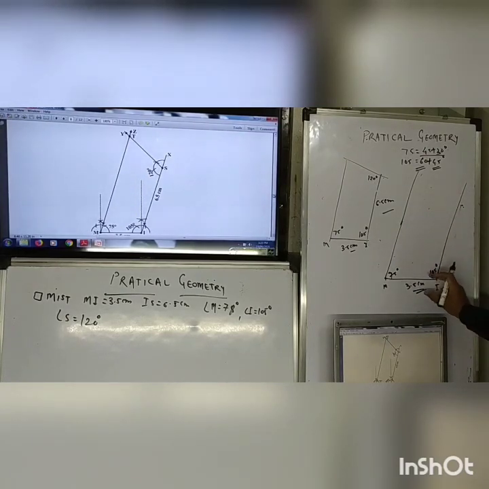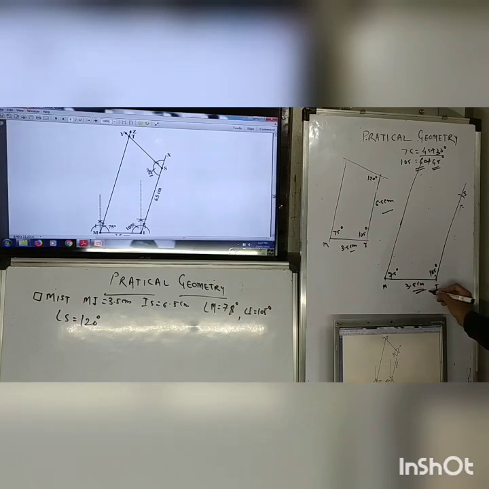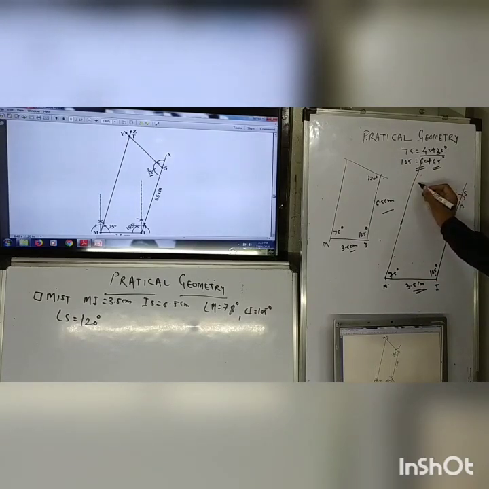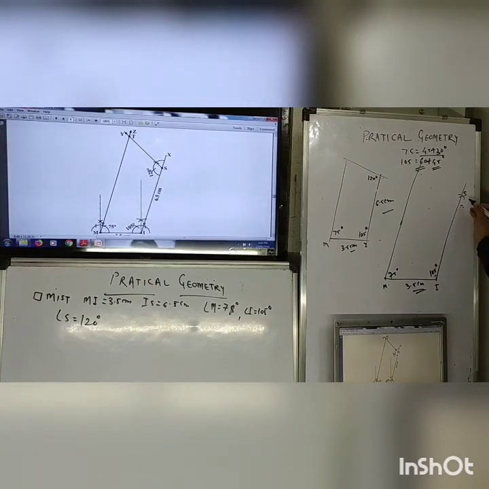Now next remaining is IS. IS is 6.5 centimeter. Take 6.5 centimeter in the rounder, put the metallic end of the rounder at I and draw one arc at 6.5 centimeter, that is S. Now remaining point is T. For that point, construct 120 degree at point S. We have already seen how to construct 120 degree.